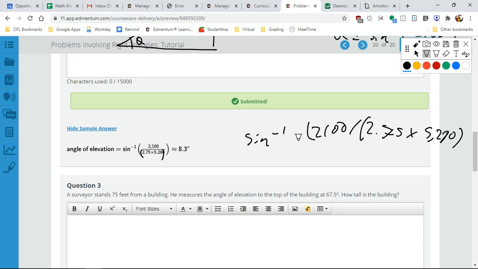Make sure you put parentheses here, because you want this number to be at the bottom. The parentheses tell the calculator to multiply this before doing division. Otherwise, the calculator will divide this by this and then multiply by that, which would be wrong.